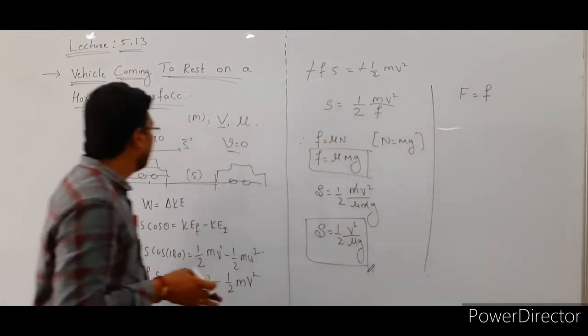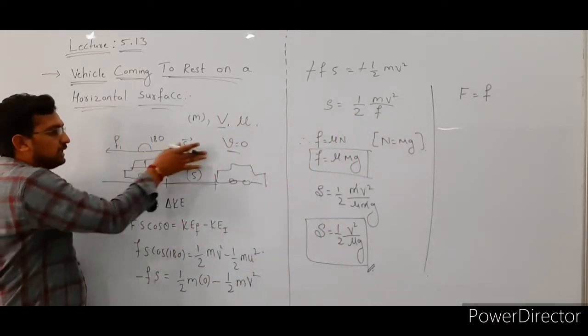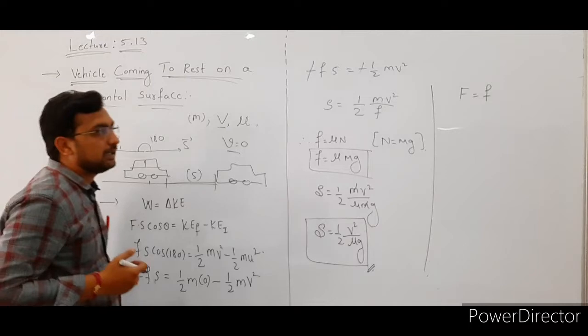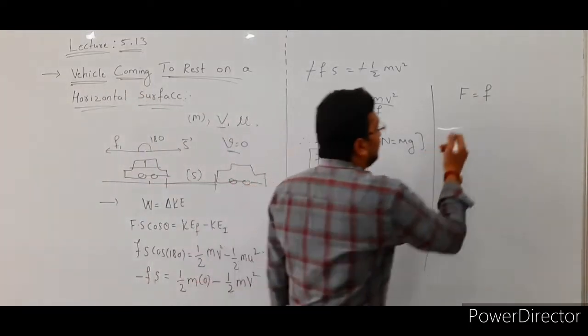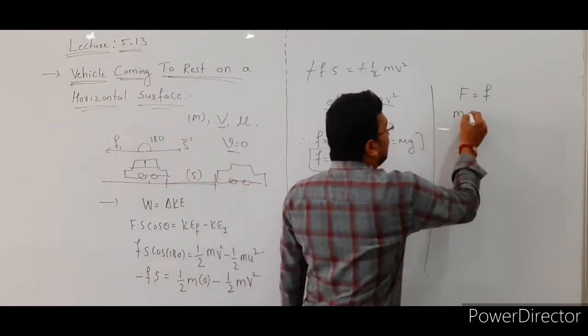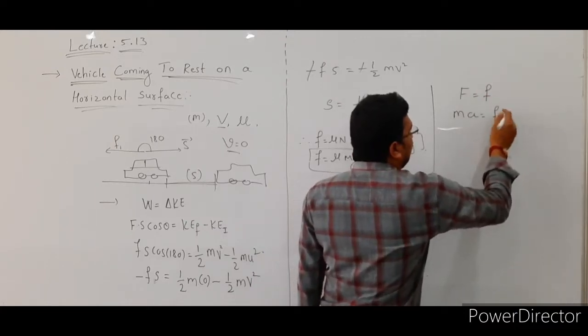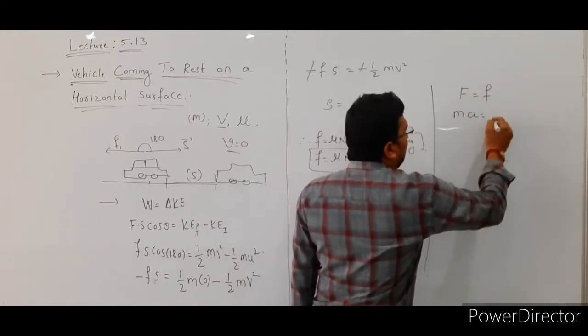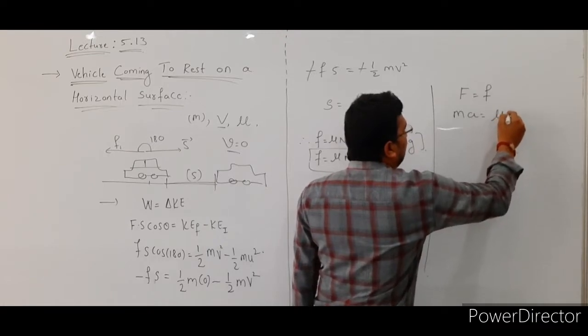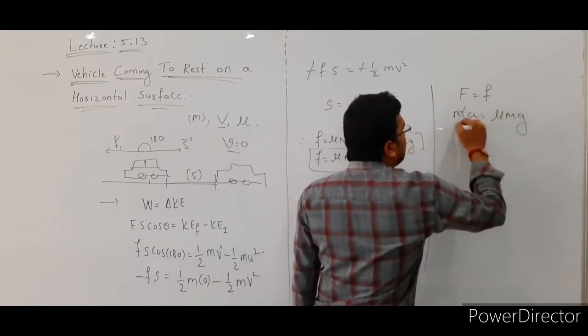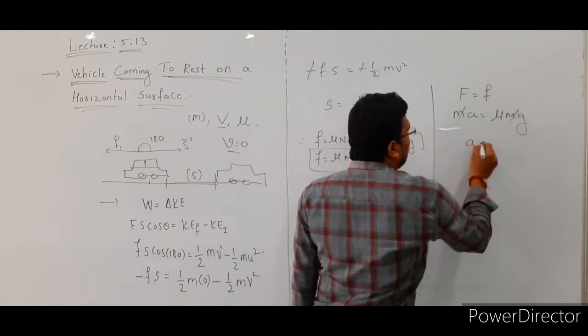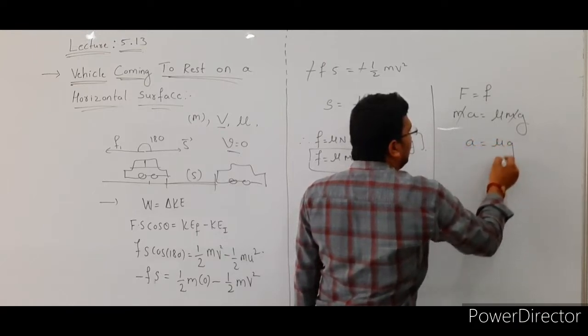The force acting on this vehicle is in this direction and the friction force is acting in the opposite direction. So net force is nothing but mass into acceleration, and the friction force F is mu into m into g. Here m gets cancelled, then A is equal to mu into g.